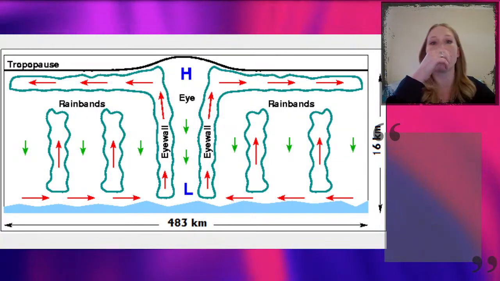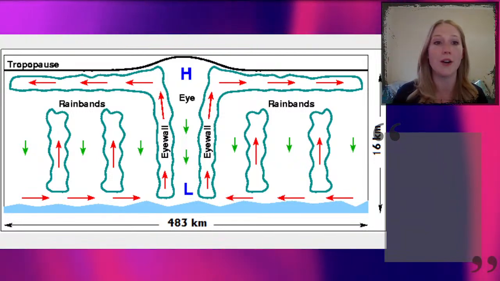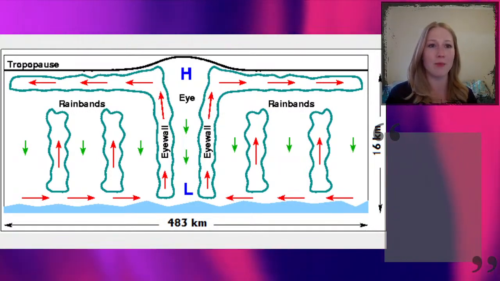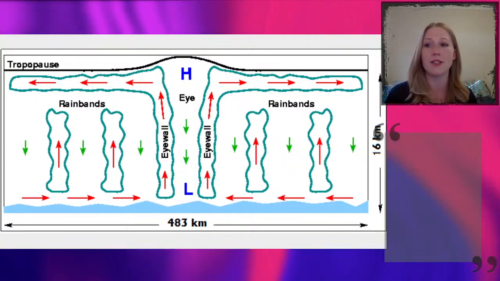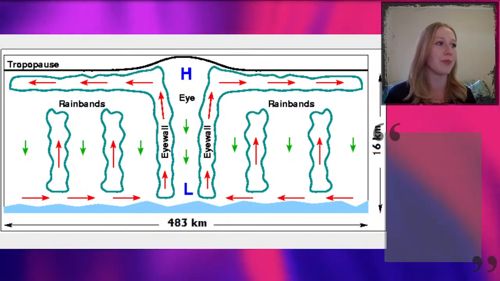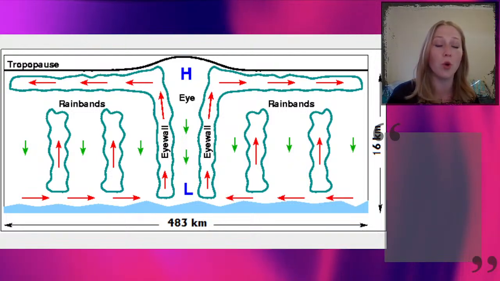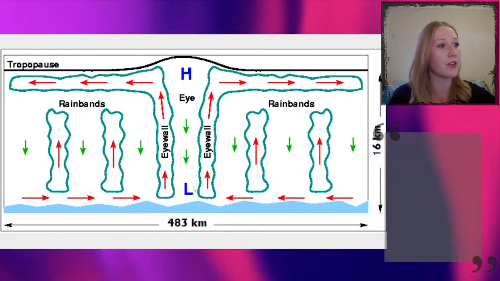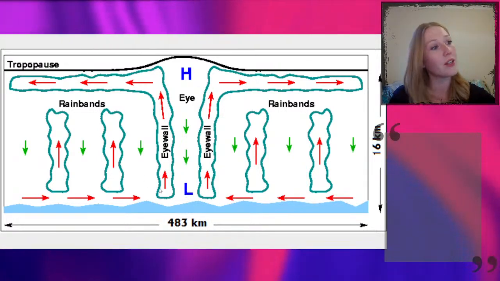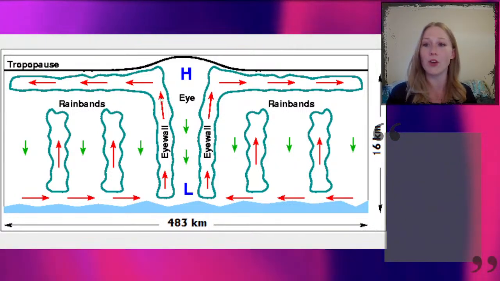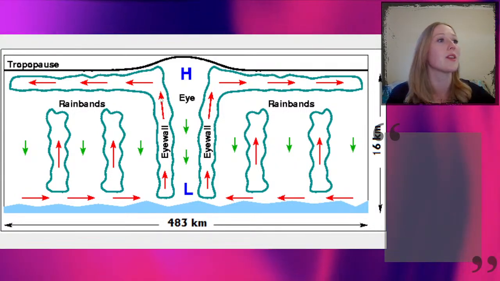Okay, so this is just a nice cross section of what a hurricane, a tropical cyclone, looks like. In the exams, I've noticed they often like to ask something like this, the side view of how a tropical cyclone is formed. So we have the low pressure cell over here. We have the moist air rising, and that's why it condenses and makes those clouds.